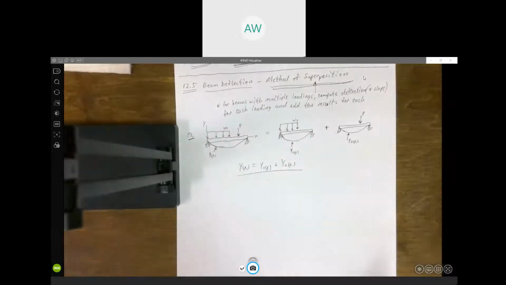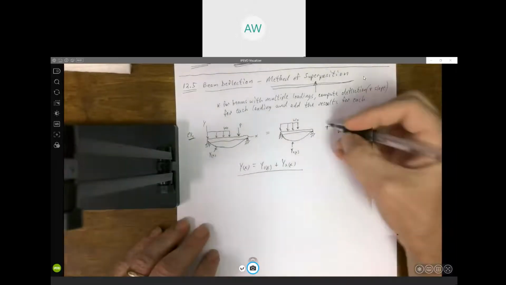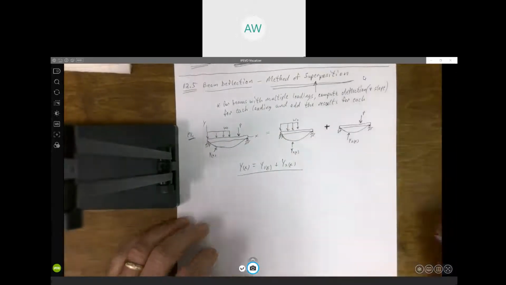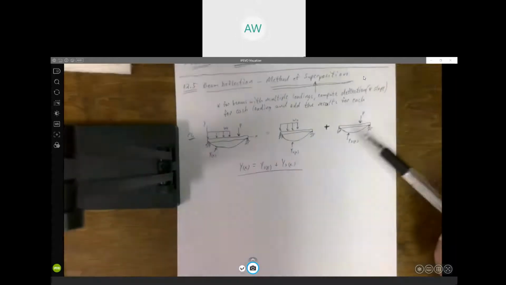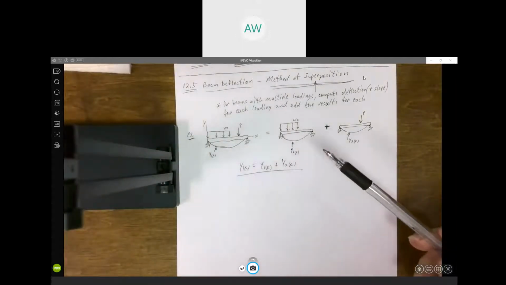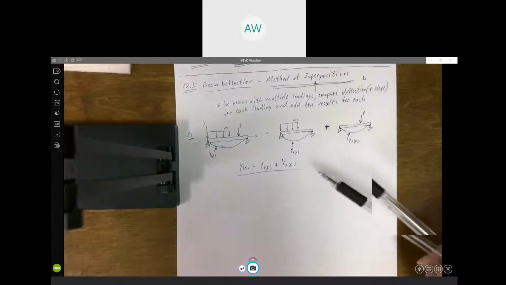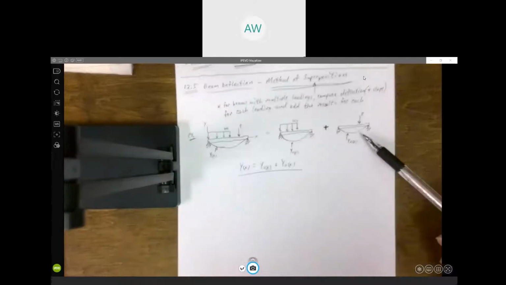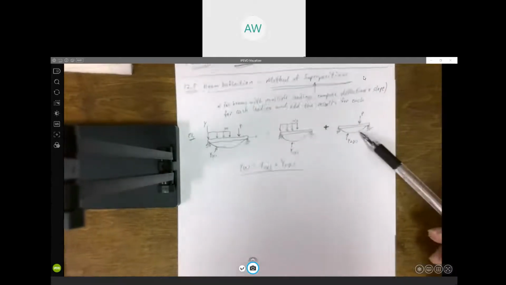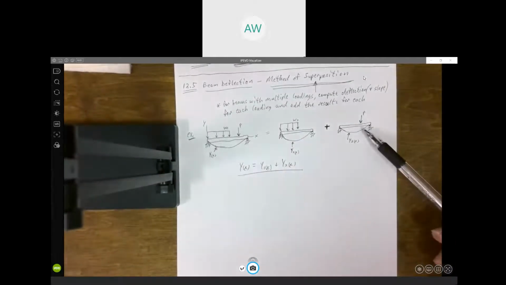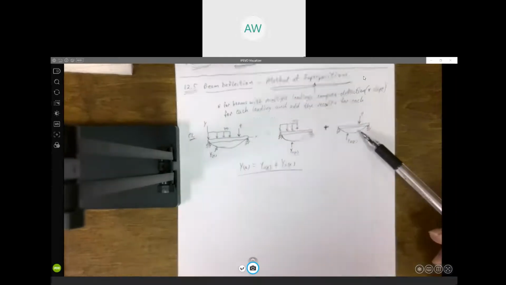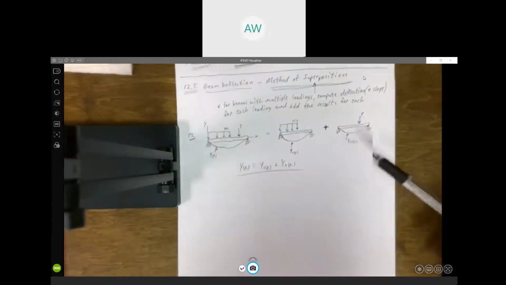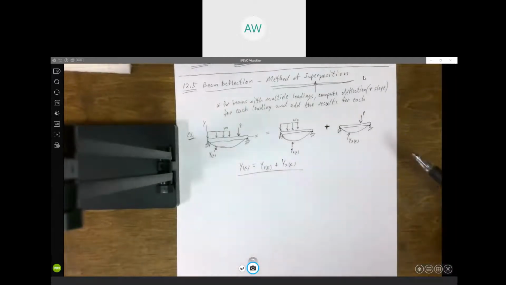But some of you, if you haven't looked ahead in the book, might be thinking, yeah, I get the concept, but I don't see how this is going to make life shorter and easier for me, because I still got to go through and solve for this loading, then I got to solve for this loading, which the second one is basically the problem we did yesterday. And if I got to go through all that for each loading, how is this going to be better?